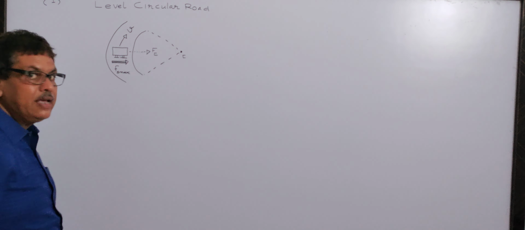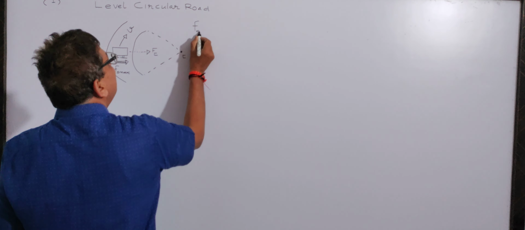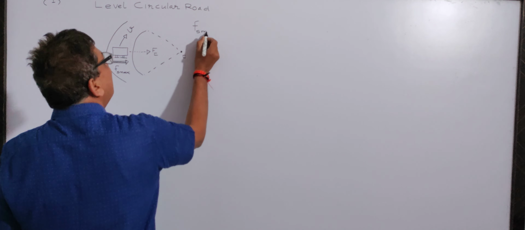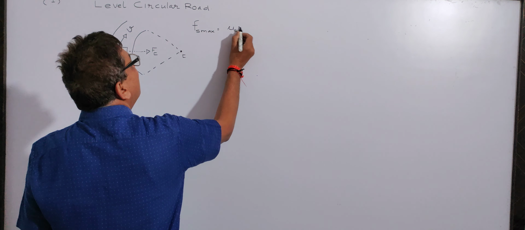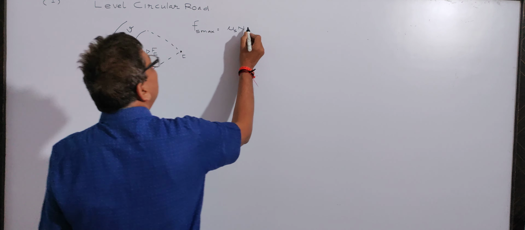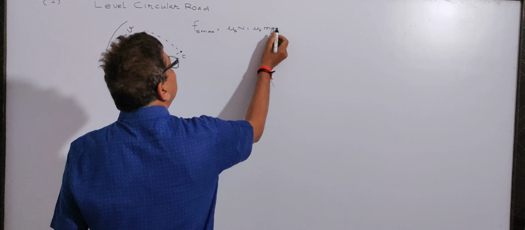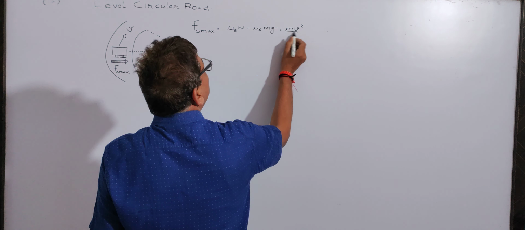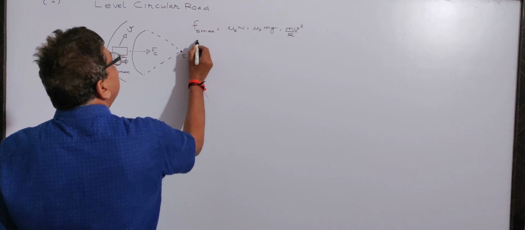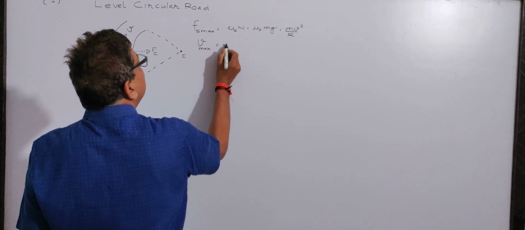I can write the maximum value of this limiting or static friction acting on the tire as mu(s) times normal reaction. So this can be written as mu(s) times mg, where m is the mass of the vehicle, and this will be equal to mv square by r.